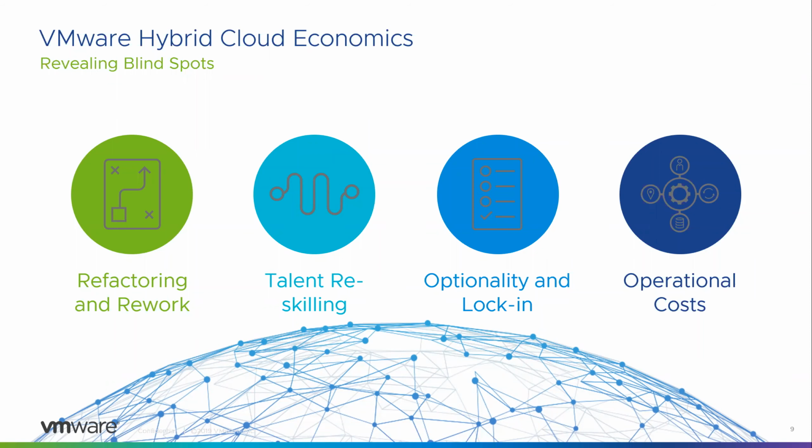On the other hand, also understand that on something like VMware Cloud on AWS, unlike vSphere on-prem, we do the updates and upgrades for you, and that can save up to 50% of the administrative overhead of administering a virtualized environment. So those are some important blind spots that folks need to pay attention to.